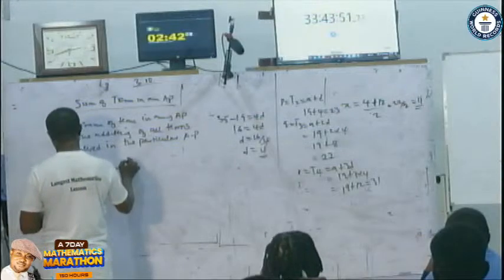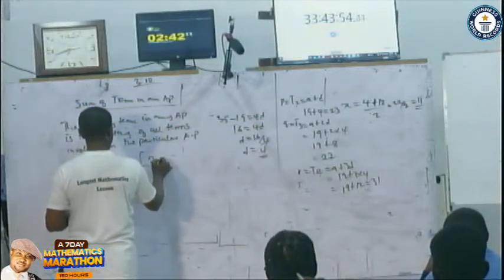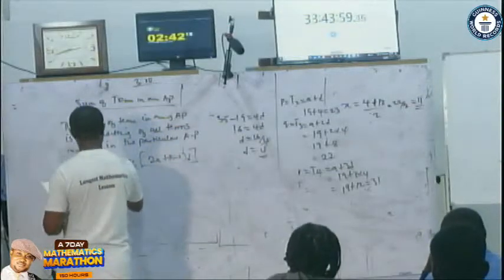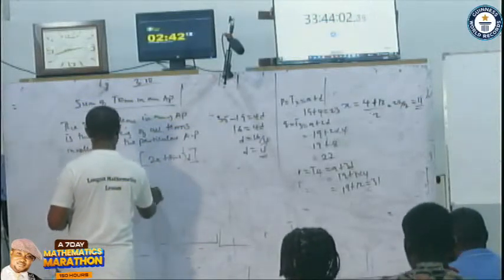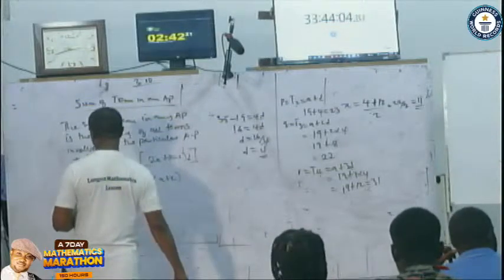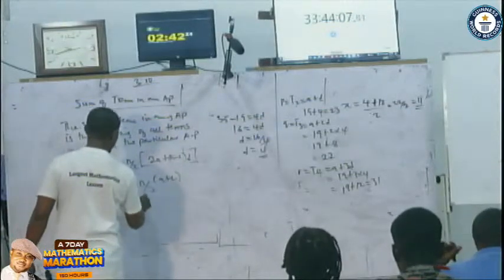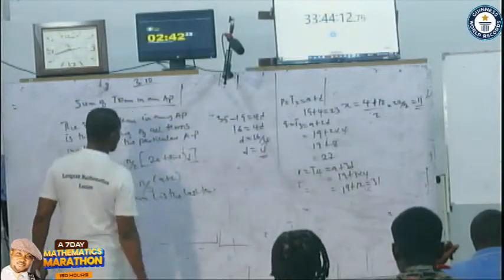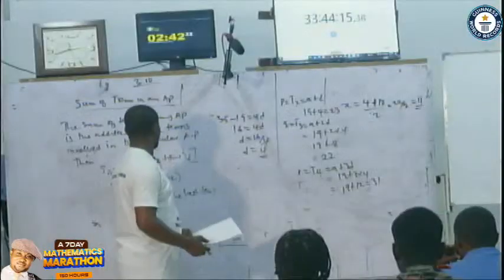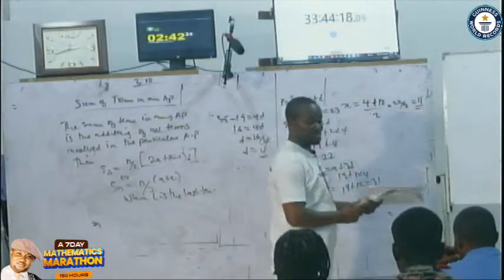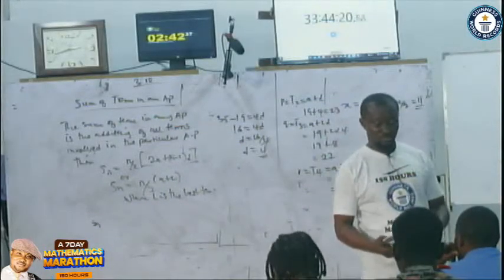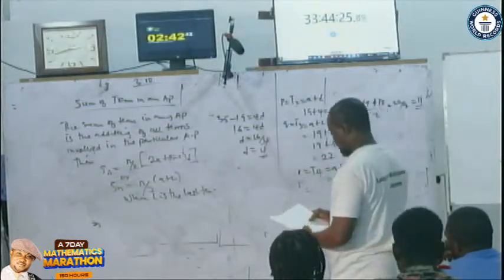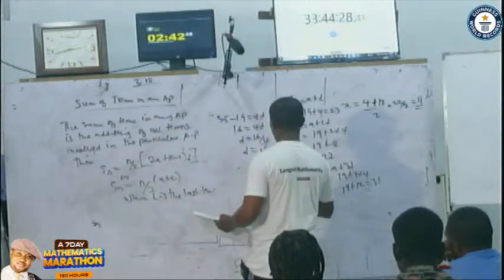Then Sn equals n over 2 times the bracket 2a plus n minus 1 times d. Or you can say Sn equals n over 2 times A plus L, where L is the last term. If you can use this formula, you are able to solve whatever question you want to. So let's see how we can use it.